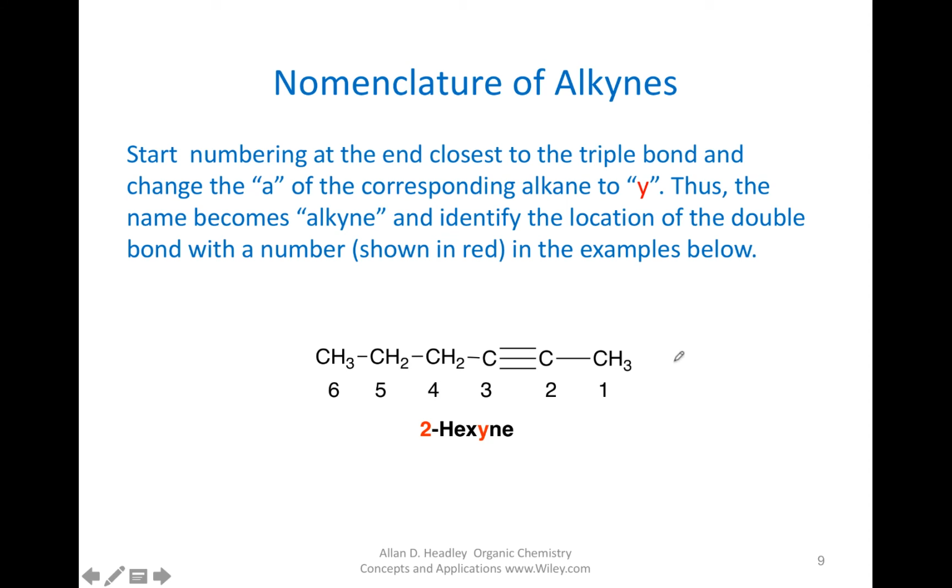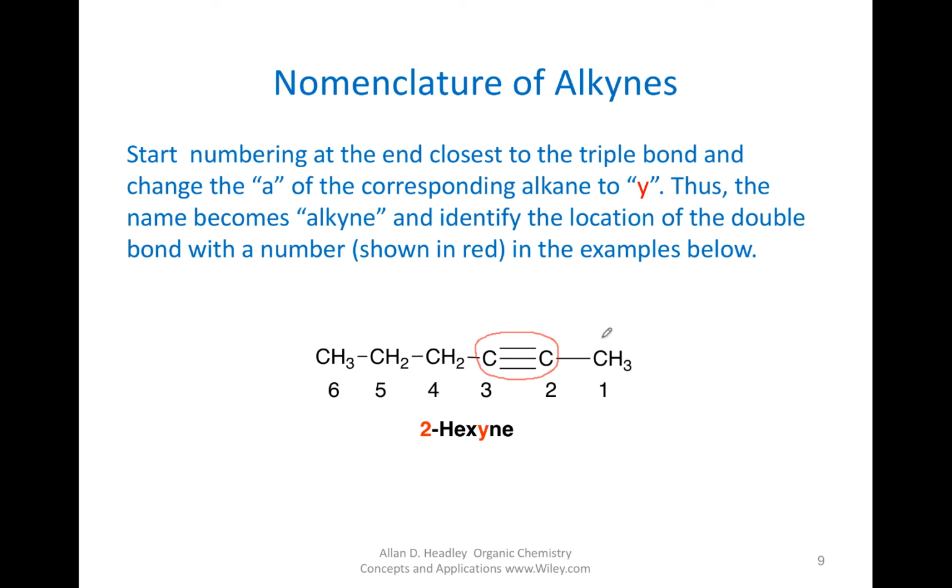Next, let's look at alkynes and naming alkynes. So if we have an alkyne to name, first we have to recognize or identify the carbon-carbon triple bond. Then we'll have to determine how many carbons are in a straight chain that contain the carbon-carbon triple bond.